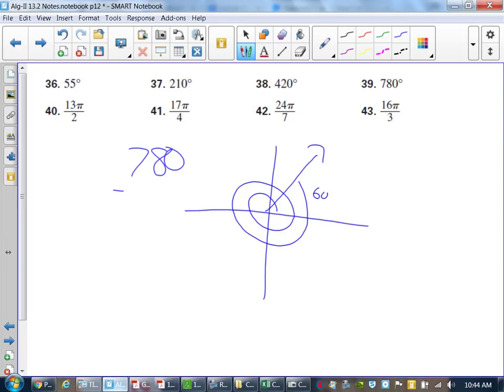So this is 60 degrees off the x-axis, which means its first coterminal angle would be 60 degrees. You can do it one of two ways: by drawing it, figuring out how far off you are, which is a little bit easier, or subtract out 360 twice. And you're left with that.